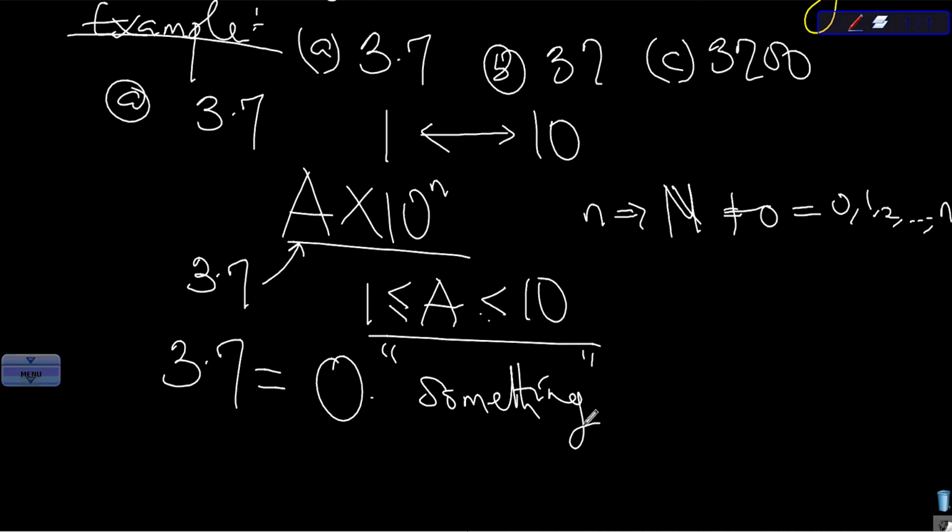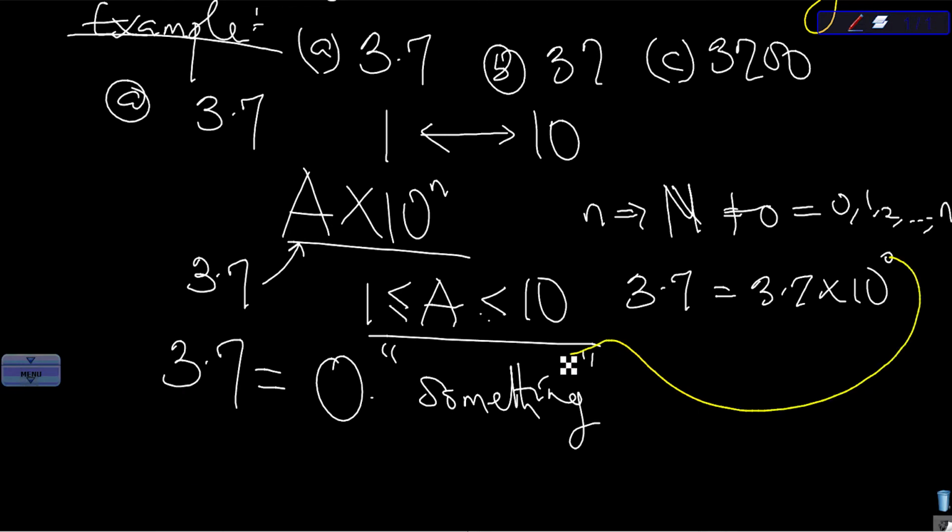Now, 3.7 in standard form is the same thing as 3.7 times 10 raised to the power 0. That is where the 0 comes in. So this 0, which happens to be the power in the standard form of 3.7, is the 0 that I'm going to use there. So log of 3.7 equals 0 point something.